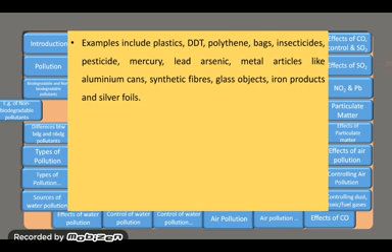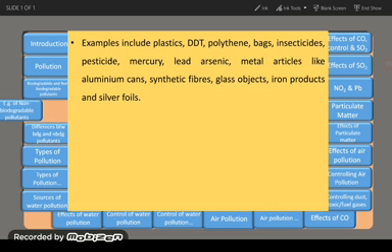Examples of these non-biodegradable pollutants include plastics. When we look around, we see various plastics dumped in our environments, and these can stay for a long period of time without being decomposed. Then DDT, which is a form of chemical, then polythene bags, insecticides, pesticides, mercury, lead, arsenic, and some other heavy metal particles like aluminum cans.